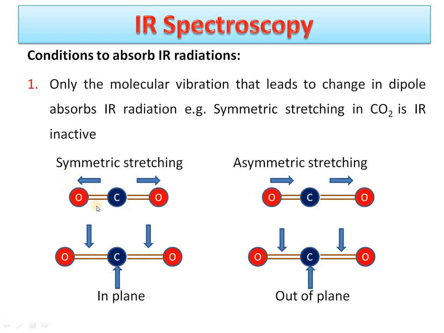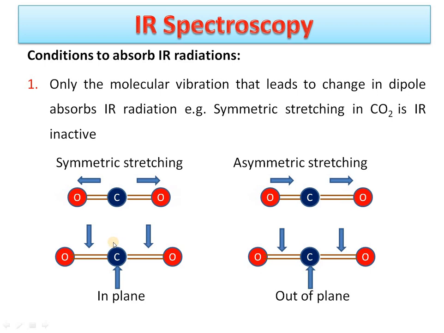First is the symmetric stretching, second is the asymmetric stretching, third is the bending in the plane, and fourth one is the bending out of plane. Now if you see these four vibrational states of carbon dioxide, the first, that is the symmetric stretching, will not lead to a change in dipole, while asymmetric stretching will lead to a change in dipole.